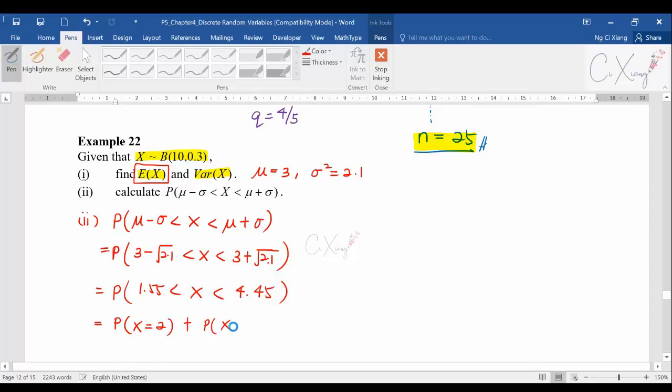Okay, you should have 3. Then X can be also 4. Alright, so please calculate the probability here for X equals to 2, X equals to 3, X equals to 4. And then after that again, you try to complete the steps and try and see whether you can get 0.700 to 3 significant figures.